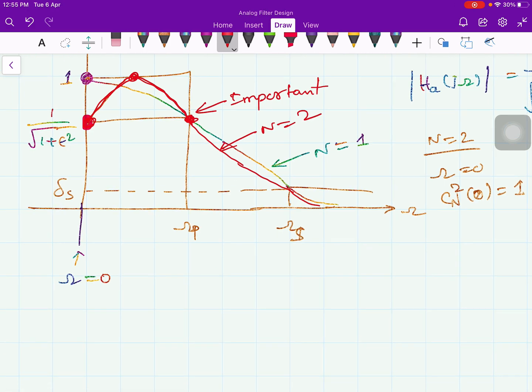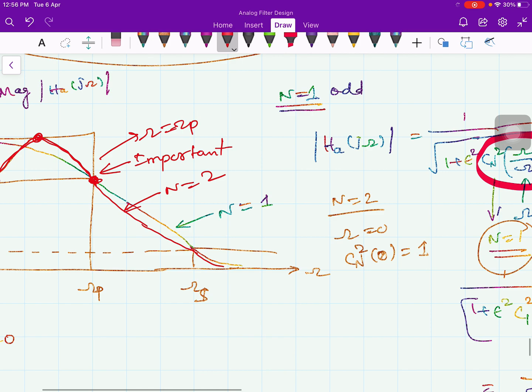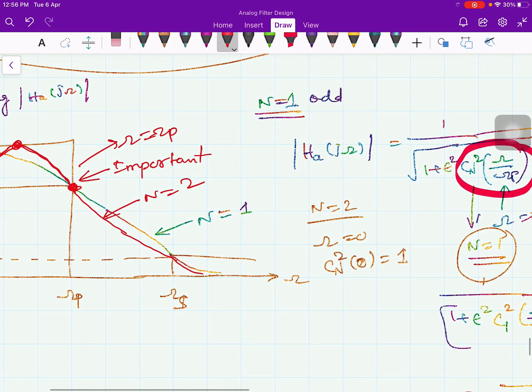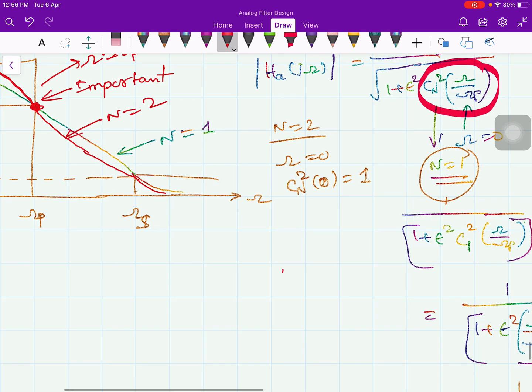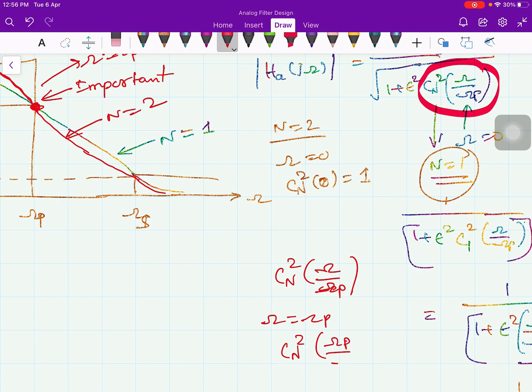Okay, so you notice that at omega equal to omega p, the Cn squared of omega by omega p, if we substitute omega equal to omega p, then Cn squared of omega p by omega p, that is Cn squared of 1.